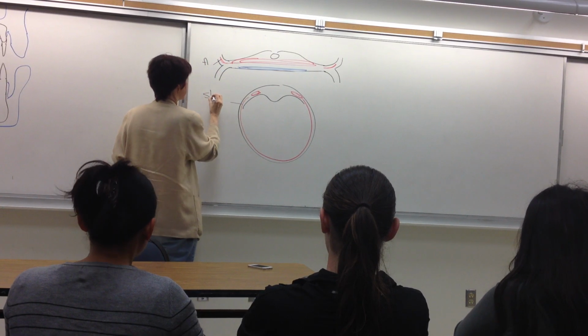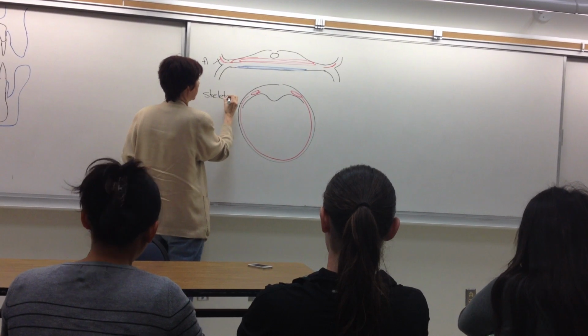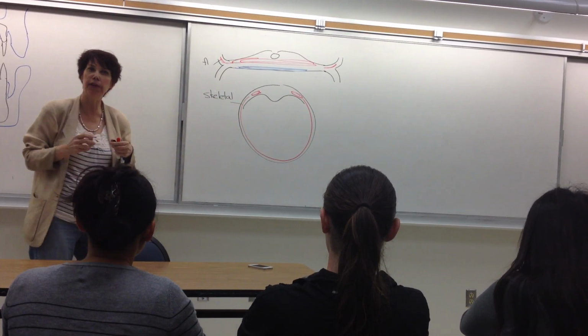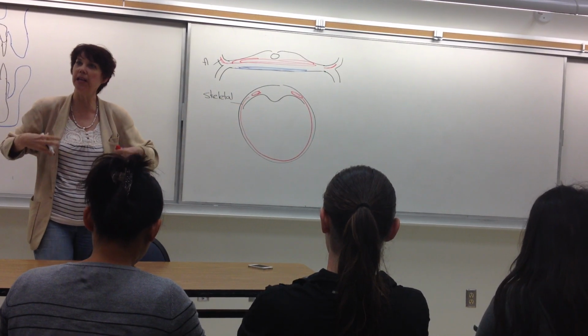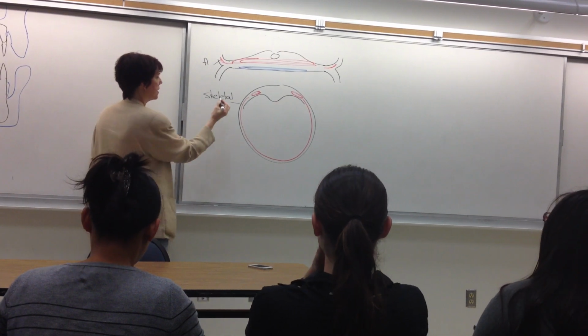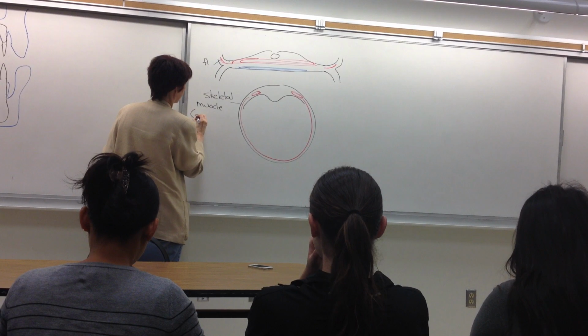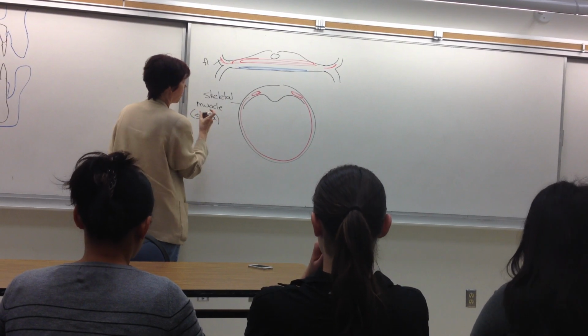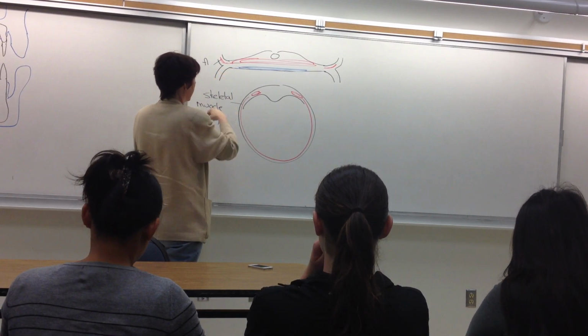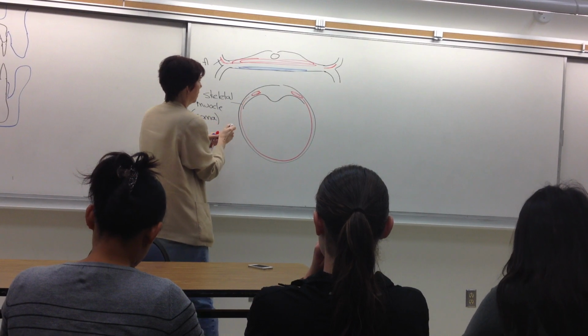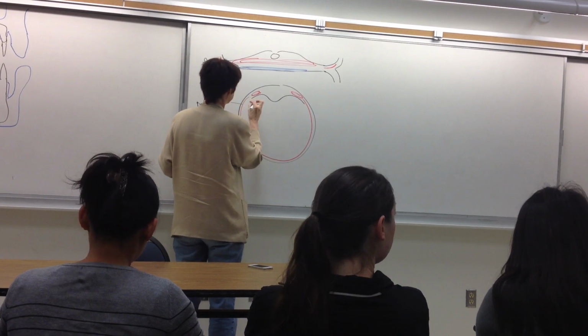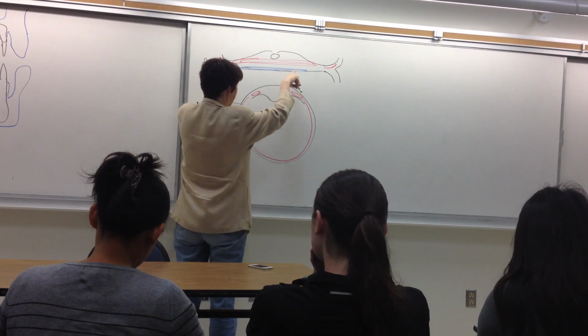is going to form the skeletal wall, somatic. Remember we talked about somatic referring to body wall, sensory and motor. All right, so this is the skeletal muscle. And then this inner layer right here is going to come in and fuse.